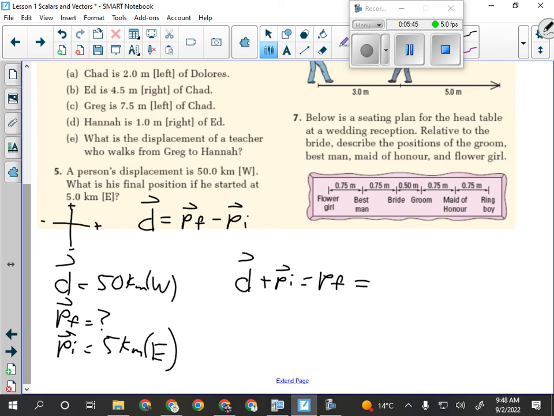So I'm going to take my negative 50 and add 5 to that, which means my final position is 45 kilometers west of whatever my starting, or my reference point was. Pretty okay with that one? Was that a lot like the ones we did yesterday?